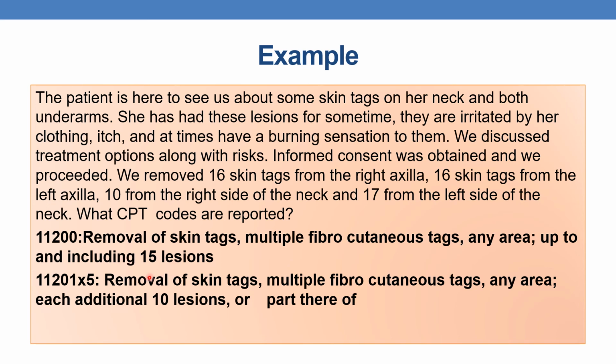And for the remaining 44, for every additional 10 lesions, you report the add-on code. So for 44, you report 5 units of 11201. So the appropriate CPTs are 11200 for the first 15 skin tags, followed by 11201 with 5 units for each additional 10 lesions.